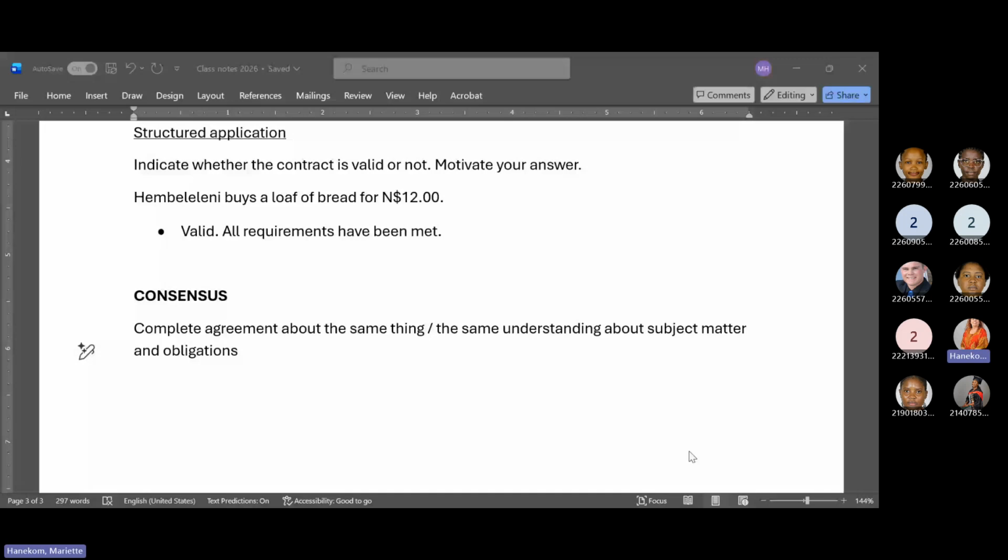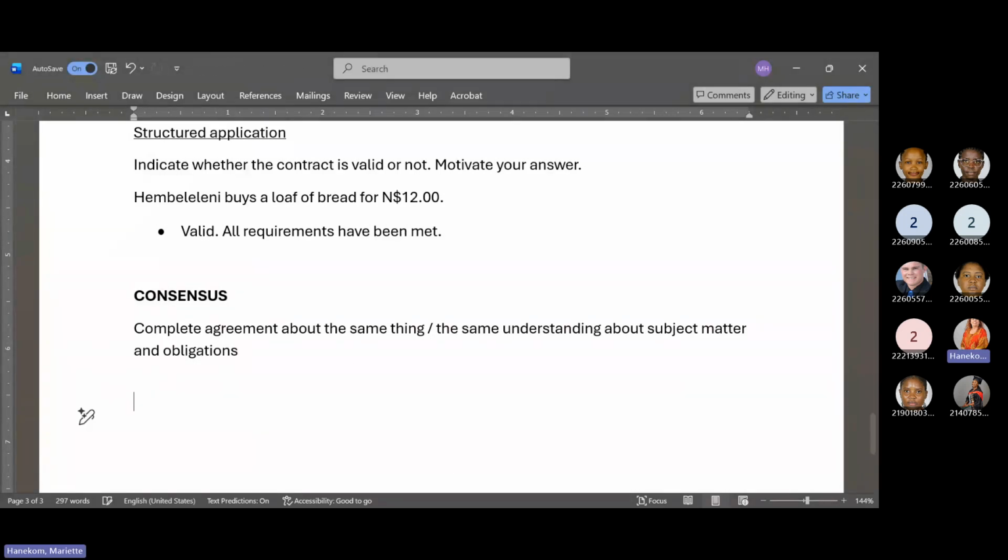There is no consensus. They might have the same cell phone in mind, but not the same consequences, not the same obligations. Is there payment involved? Yes or no? So there is no consensus. Consensus, a complete agreement.